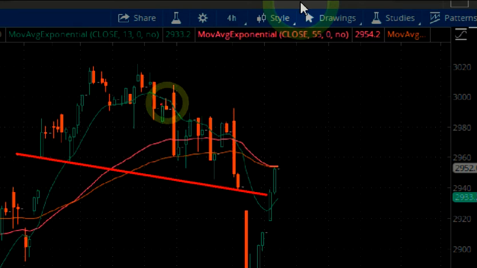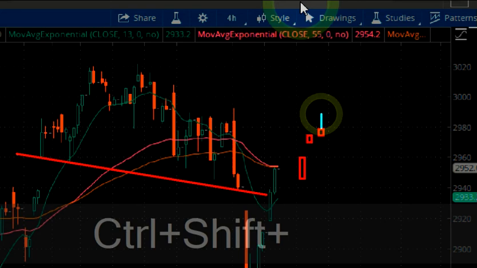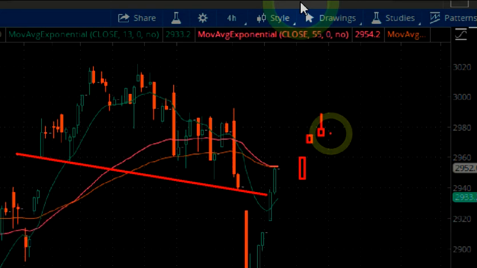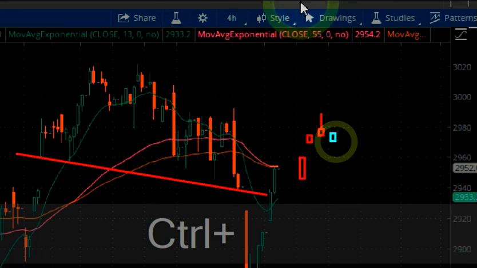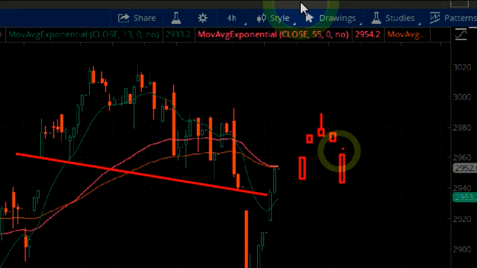Usually, it's just a candle formation. So you might have a candle like this, and then a gap, and then maybe a candle like this with maybe a tail on it, and then another candle like this, and then a gap down. So this formation is called an island reversal.